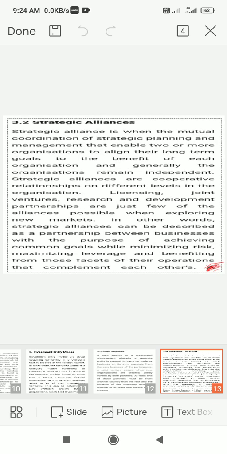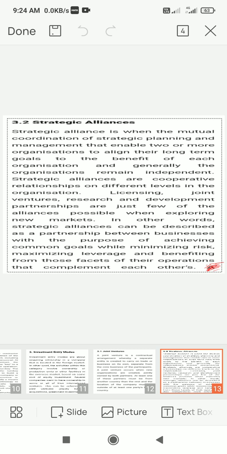Next, strategic alliances. I will tell you later what alliances are. Alliances means a mutual coordination, strategic planning and management that enable two or more organizations to align their long-term goals to the benefit of each other organization. Suppose two or three organizations are there, we are different organizations, but we three are beneficial for each other.